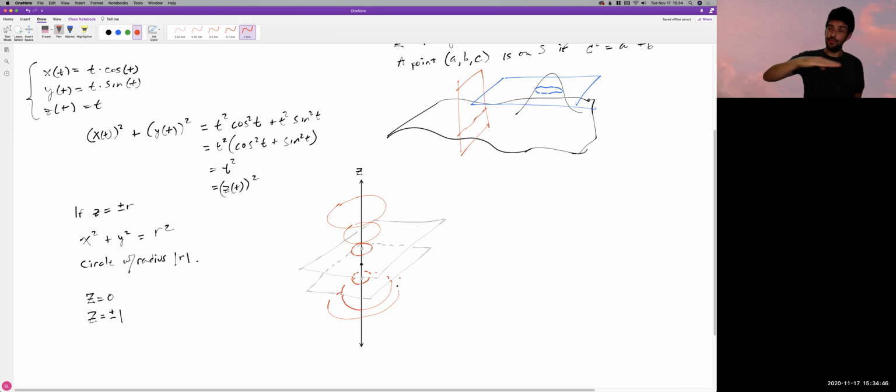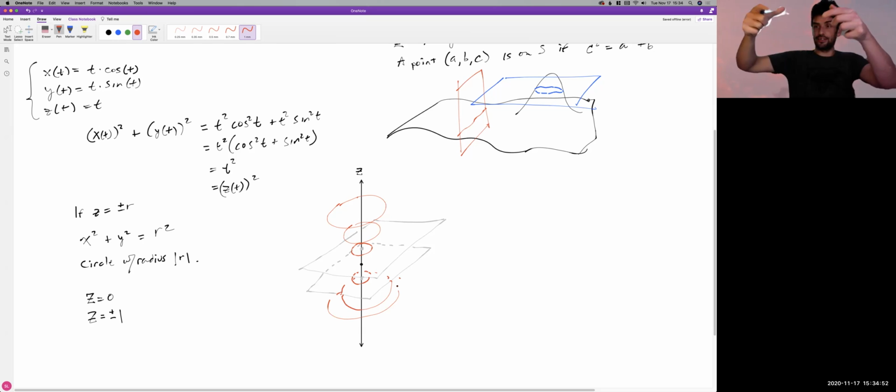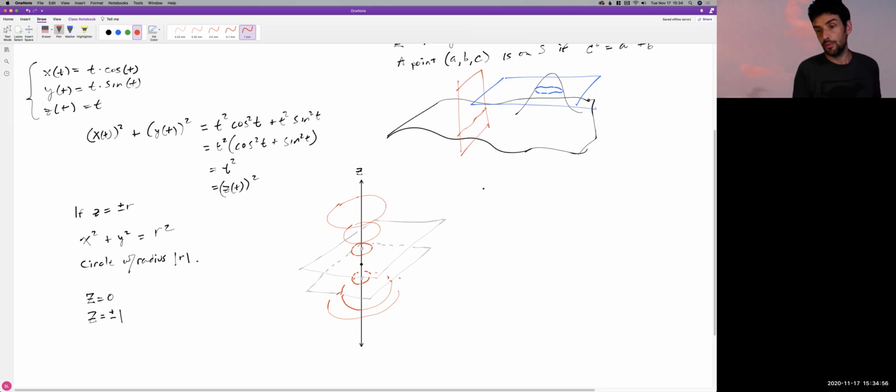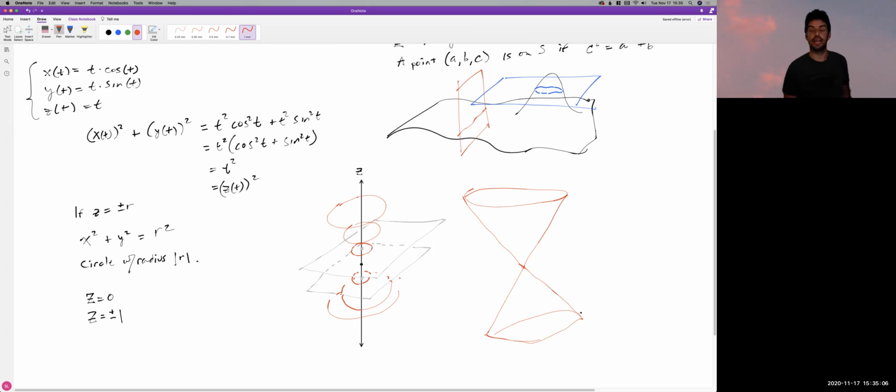But if you imagine a shape that's just a point in the middle, 0, 0, 0, and every time we slice it, we're getting circles getting bigger, and as we go down, we're getting circles getting smaller. We can imagine something kind of like an hourglass, but very angular, right?